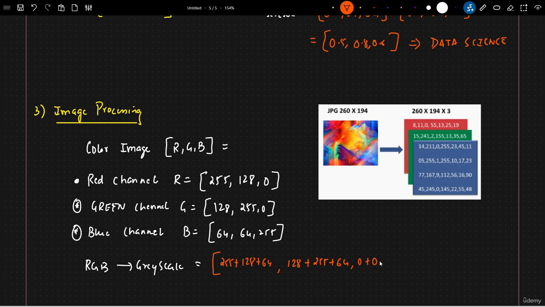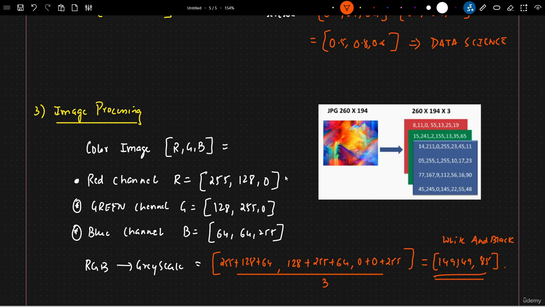Then 0 plus 0 plus 255. Dividing by 3 to calculate the average, I get 149, 149, and some more value, which comes to 85. This is my final black and white image, also called grayscale.